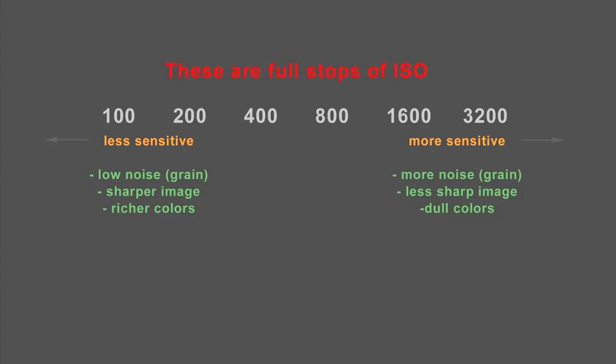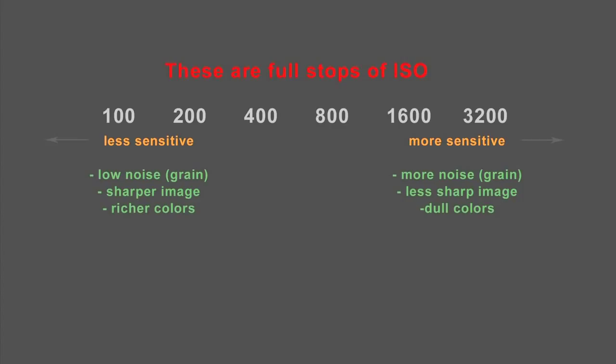Since the bigger the ISO number, the more sensitive to light the sensor or the film is, a big ISO number allows us to shoot in darker conditions than a small one. Even though high ISO is very helpful in low light conditions, there is a downside to it.